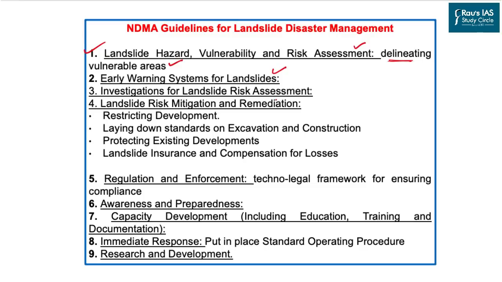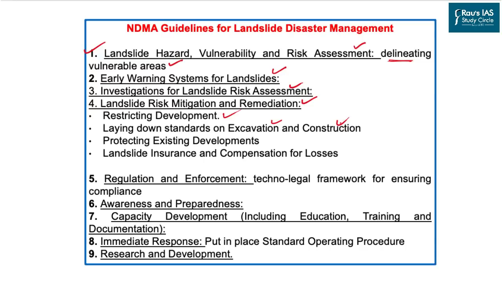We also need to go into investigation of landslide risk assessment because if we do not go for the investigation, we will not get any idea about why and when the next landslide is going to occur. Then we have to go for landslide risk mitigation and remediation process, which includes restricting development including dam and other economic development, laying down basic standards for excavation and construction activity, because see, absolute restrictions are not permissible for a developing country like India.